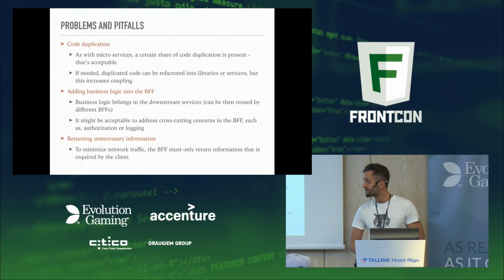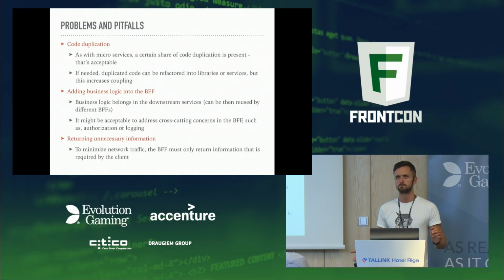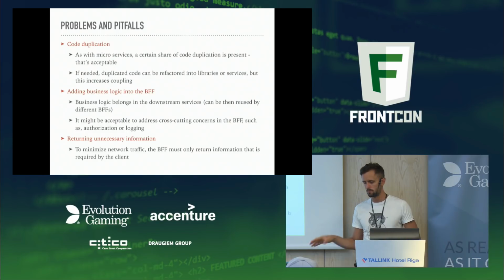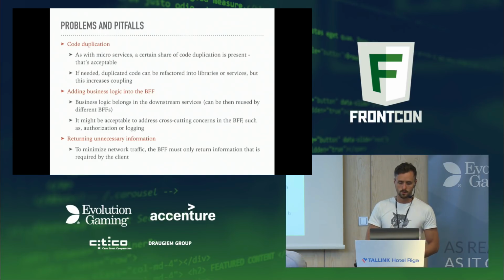If we're talking about more complex cases, like complex authorization flows, permission management, or logging, you might want to either introduce a shared library or even move it to a separate downstream service, if that makes sense.